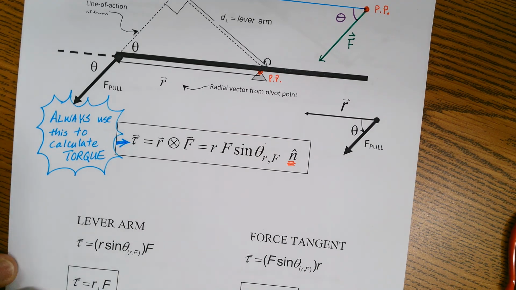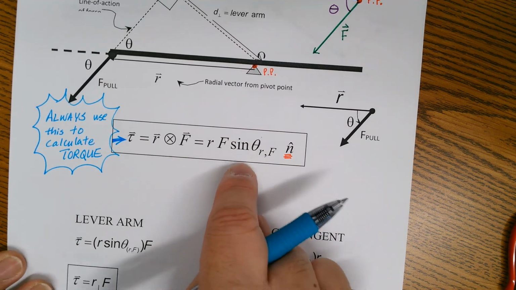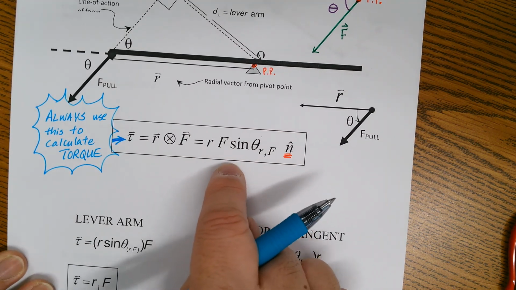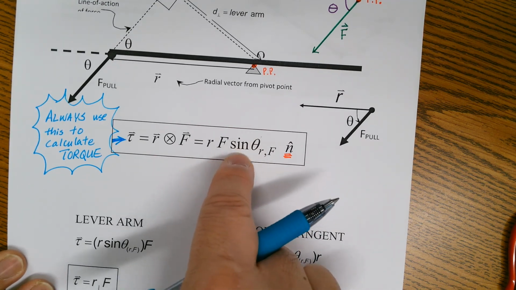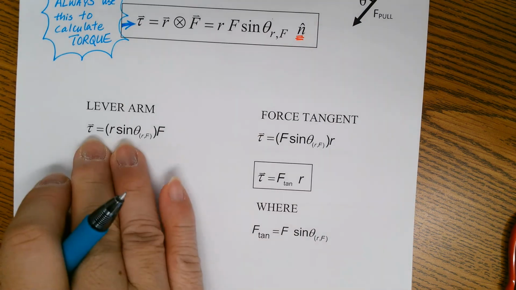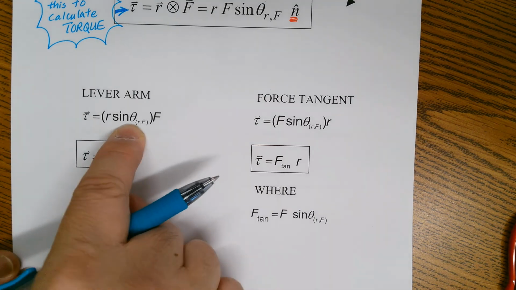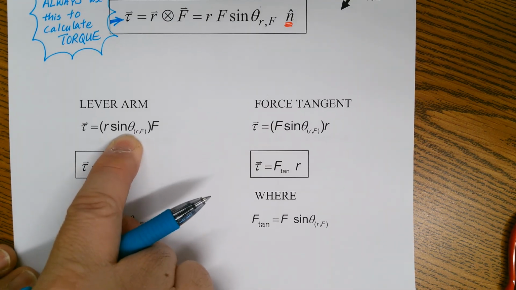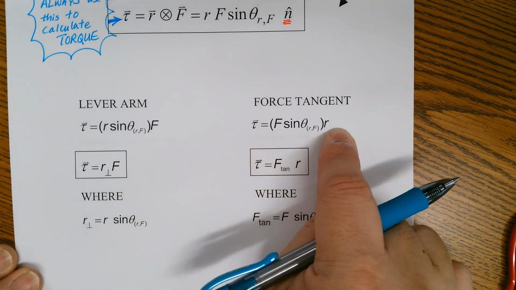All right. So make sure the sine, okay? It's different than dot product, which is cosine, okay? So you can look at it in two ways, just like the way we did in the first page. It could be r times the sine of theta times f, or f times sine of theta times r.